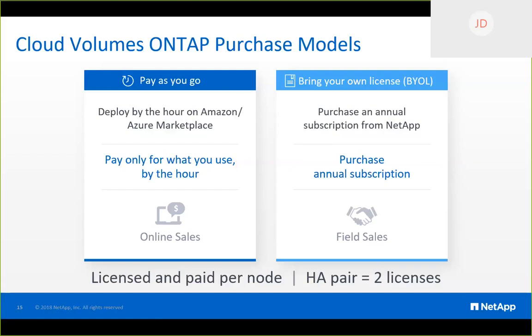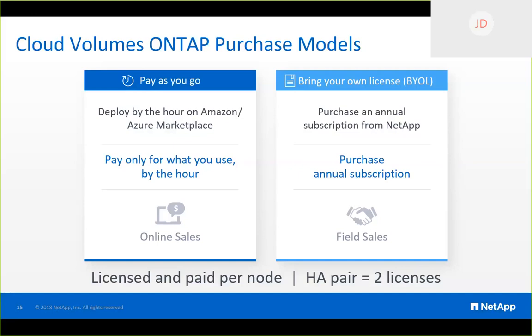So you can pay hourly, which is great if you have a flexible need. Also, when you purchase through the AWS or Azure marketplace, the cost of using Cloud Volumes ONTAP just becomes another line item on your AWS or your Azure bill. So, if it's really easy for you to spend money in AWS or Azure versus going through a whole procurement process, there you go.